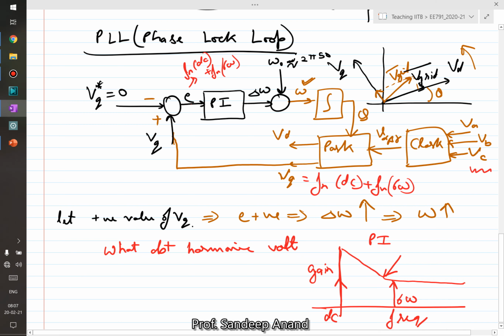What it implies is that this PI in a way will not allow the oscillations of 6 omega to pass, or rather it will provide large attenuation to those, and it will predominantly allow the DC component to pass. Thus the delta omega component may still have 6 omega, but the magnitude of 6 omega is going to be very, very small. So the majority of this would be a DC quantity, right?